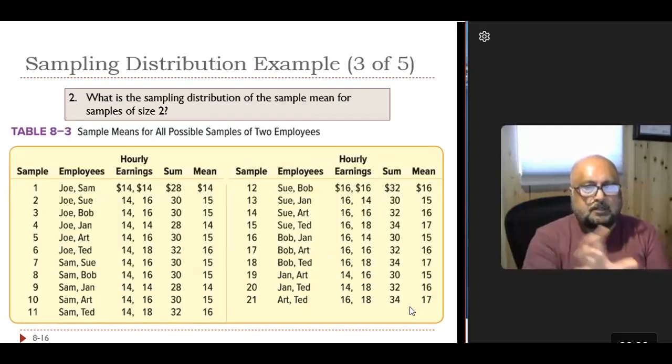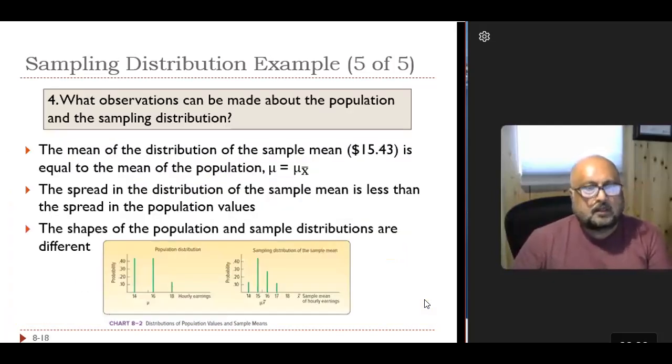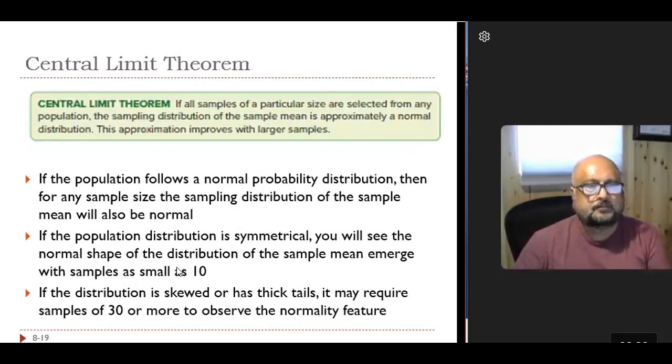So the spread is between 14 and 18. However, for samples, we only go up to 17. If you look at this graphically, in samples we only go up to 17, but here we go up to 18. So the distribution of the sample means is narrower than the population. So that's the observation.